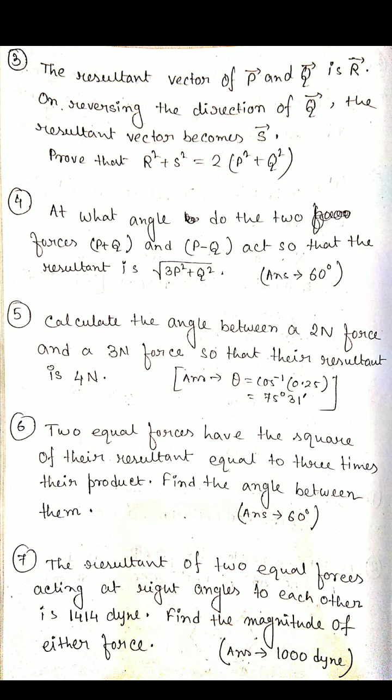If you are facing difficulty solving these numericals, please write in the comment box this assignment number I have a problem. In the next video I will solve and explain that numerical. Then we start the next topic in the next class.